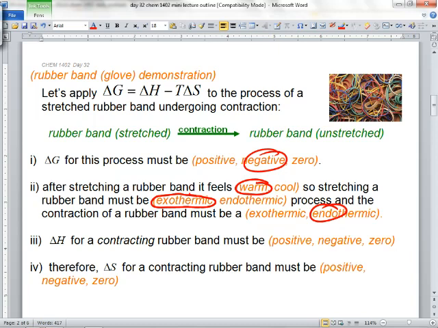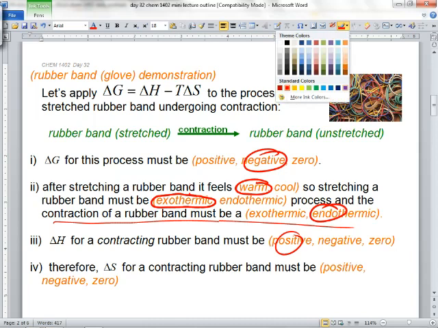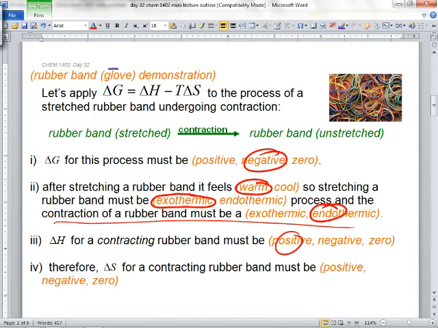Positive, because contraction is endo, so it has to be positive. Therefore, delta S must be what? Well, we're going to have to figure this out. Let's do some math here. We said delta G had to be negative because this rubber band spontaneously contracts. Delta H had to be positive.